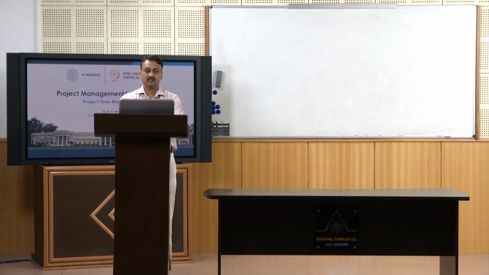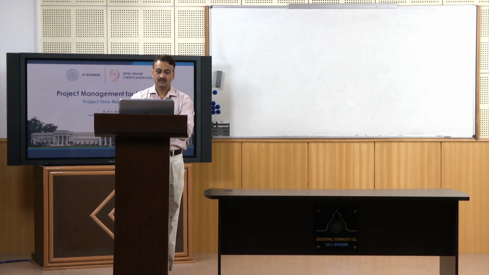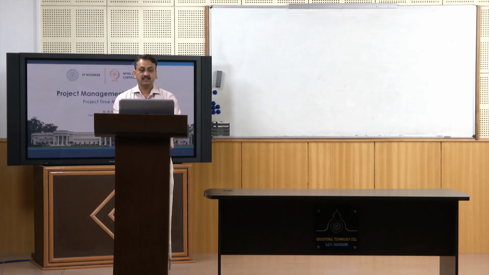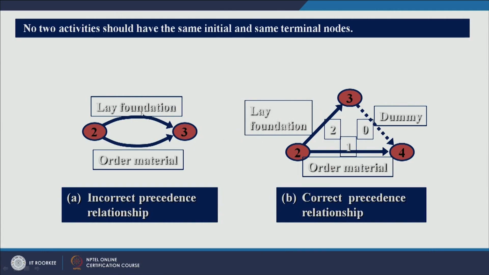Let us look at some other points, with one more example. There are two activities: laying a foundation, activity 2 3, and ordering material, also 2 3. As I said, you cannot have the same initial and terminal nodes, and for these two activities you have the same initial and terminal nodes.